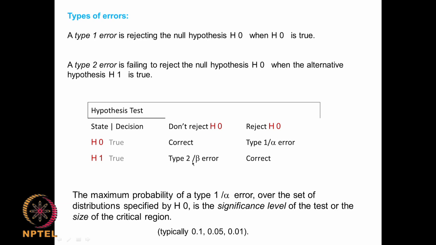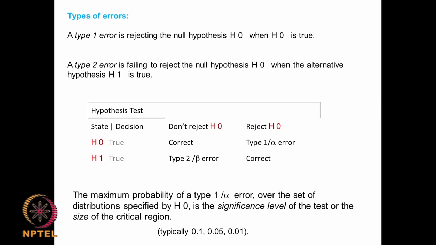Whereas in the other situation we do not reject the null hypothesis, whereas H1 is true, that is called the type 2 error, and that is called the beta error. So, type 1 error is generally the probability of 95% or 99% or 90% which we make use of in our statistical calculation.